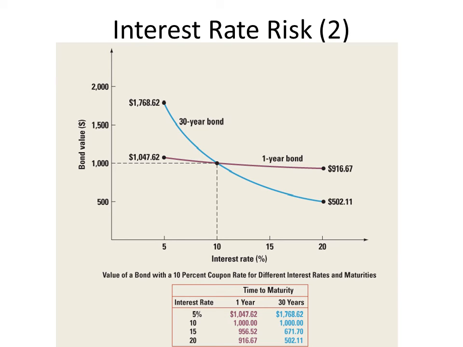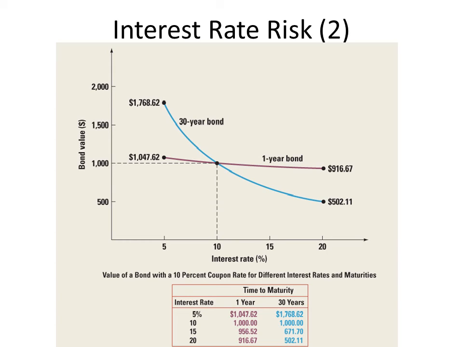If we cut the interest rate in half from 10%, the bond value for the 1-year bond only increases by about 4.8%. However, the 30-year bond increases by around 77%. Why the difference? Remember, we talked about all other things equal, and in this case they are, the coupon rate's the same.